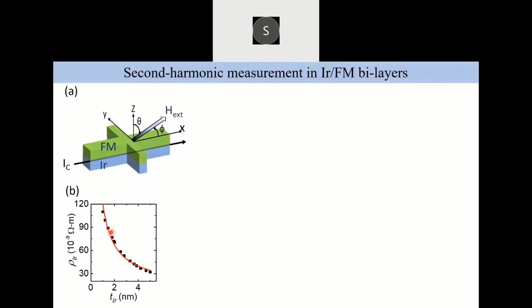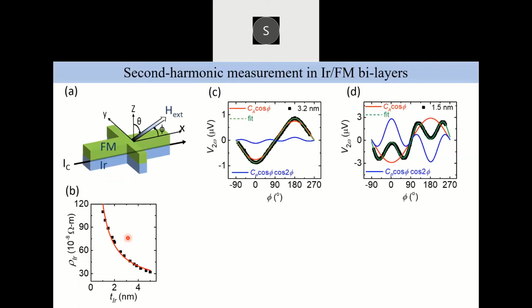And now, if we see the second harmonic signal, we can see for 3.2 nanometer, the sign of this cos 2 phi, which corresponds to the field-like term, is opposite to the sign for the 1.5 nanometer iridium thickness. So that means as we decrease the thickness, there is a strong dominating effect of the field-like term, which is basically coming from the interfacial effect.